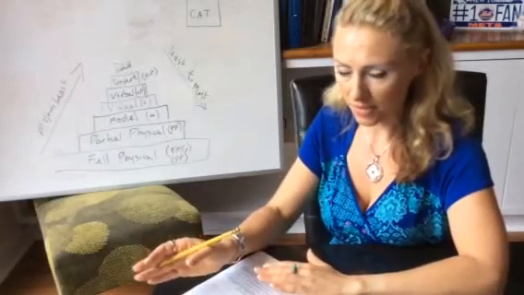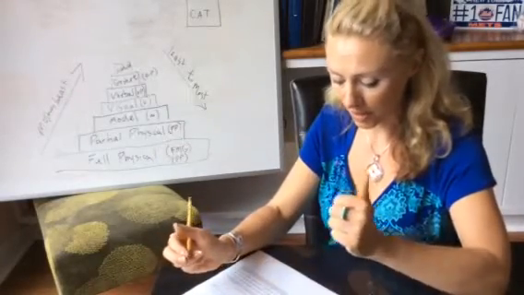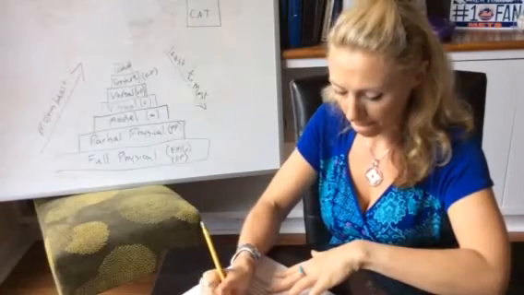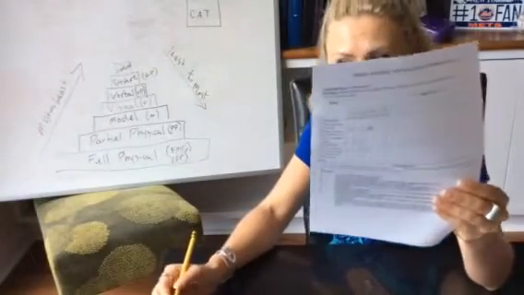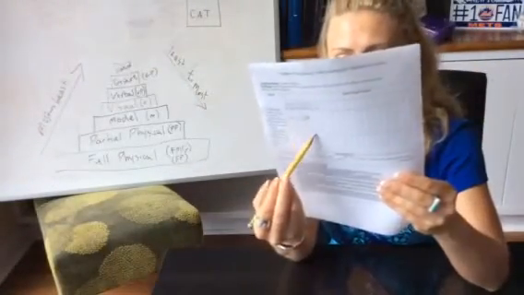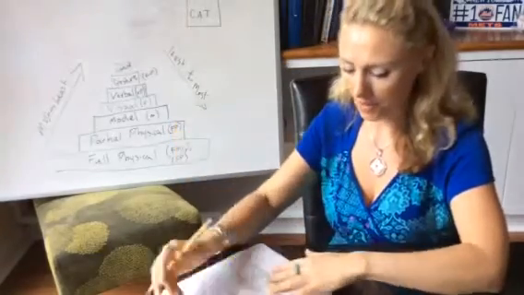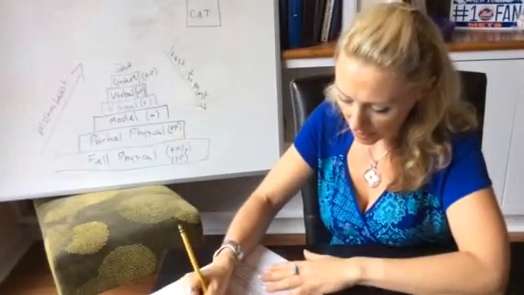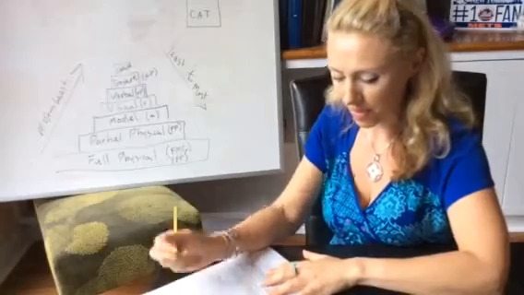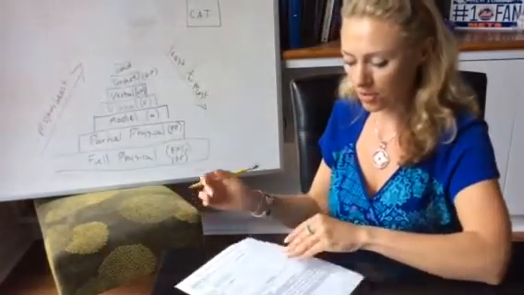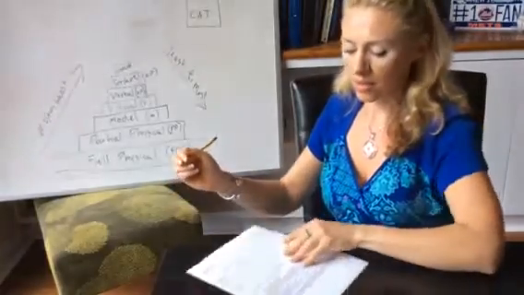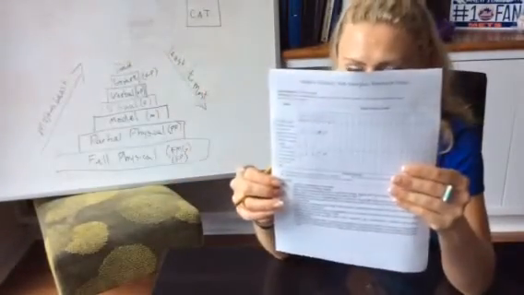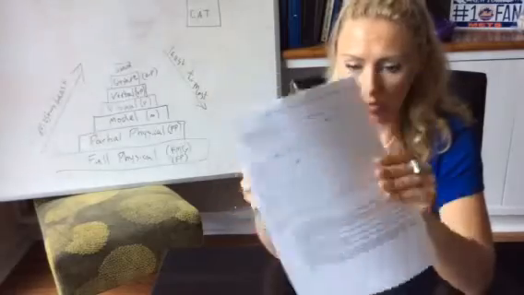If they get it correct, we put a plus mark at partial prompt. But say the next one, all of a sudden they're distracted by something. Obviously, they're not going to have the opportunity to do an incorrect step 1, but for step number 2, they get distracted. It was supposed to be a partial prompt, but they needed a full prompt, so I'm going to put a minus, okay?